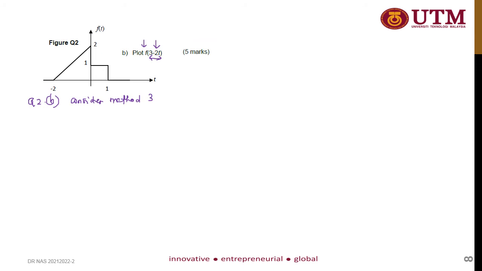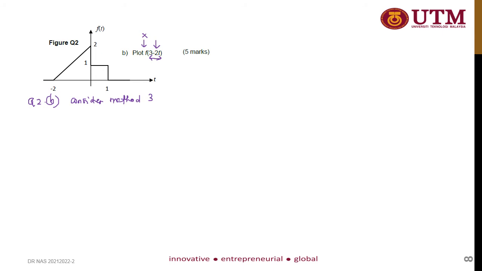For amplitude-based operation you can simply multiply, reverse, inverse, or scale, and then shift, and so on. It's quite easy. I would recommend you to solve the time-based operation first inside the bracket.